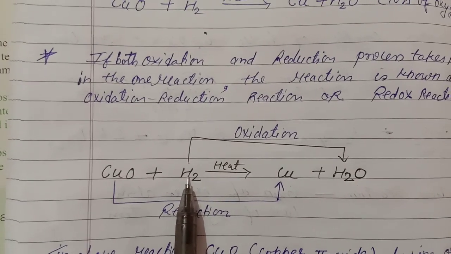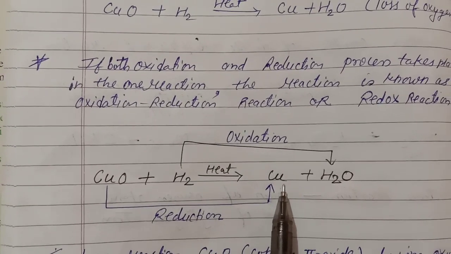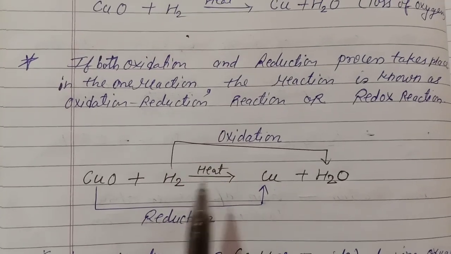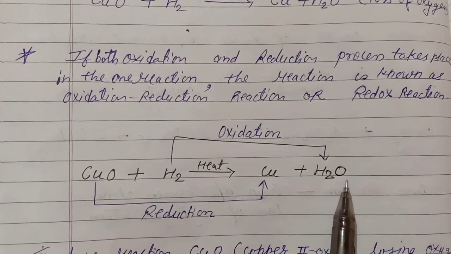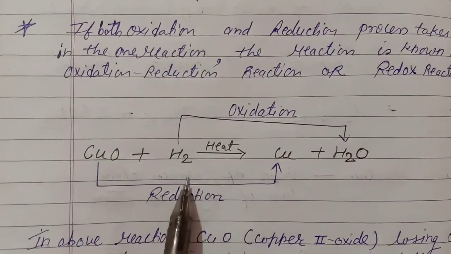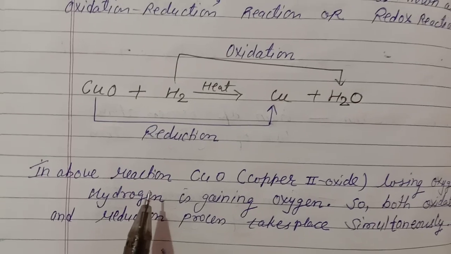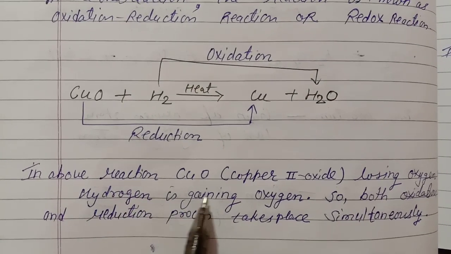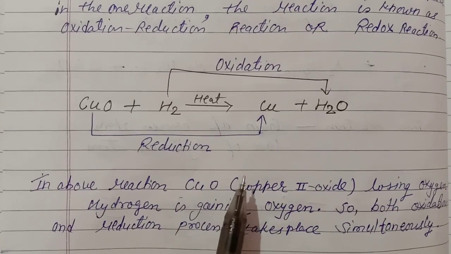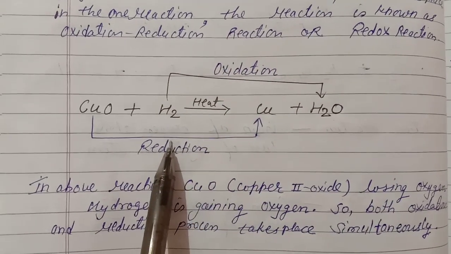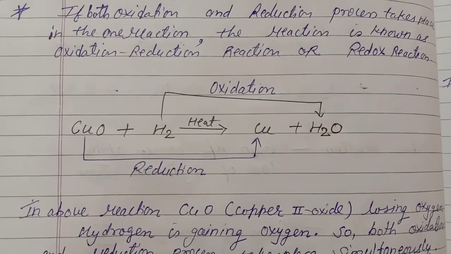During this process, the copper oxide is reduced into copper. It is a reduction process, and hydrogen gas is oxidized into water. So oxidation and reduction both take place simultaneously. When oxidation and reduction take place simultaneously, it is known as redox reaction.